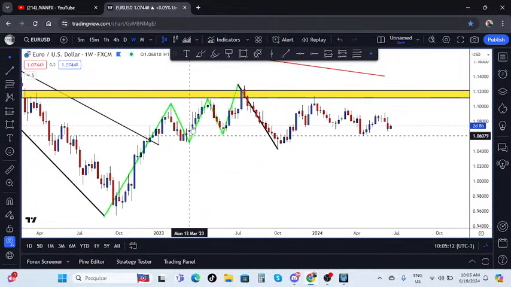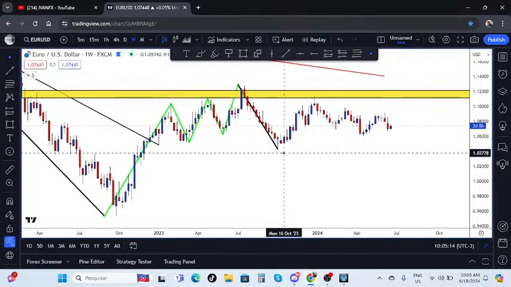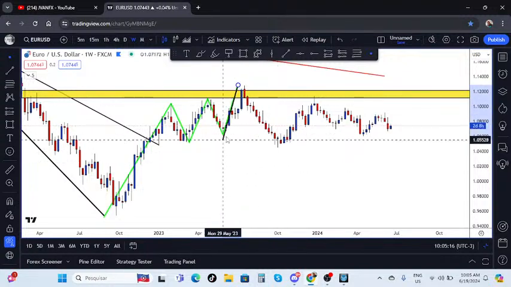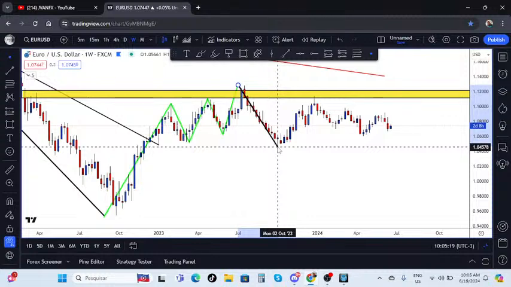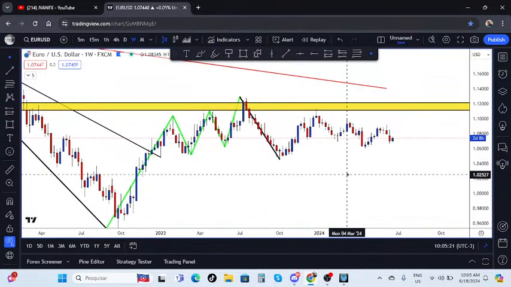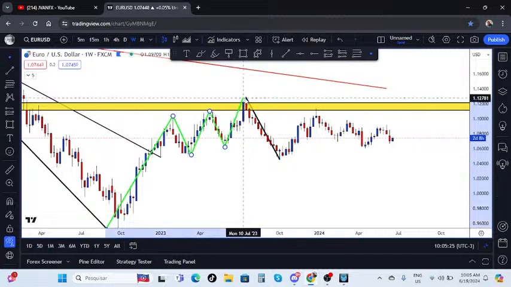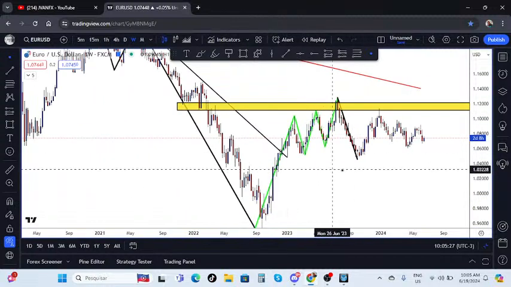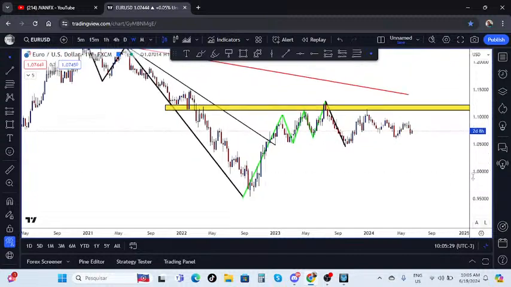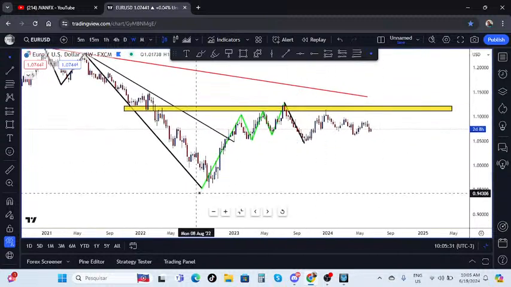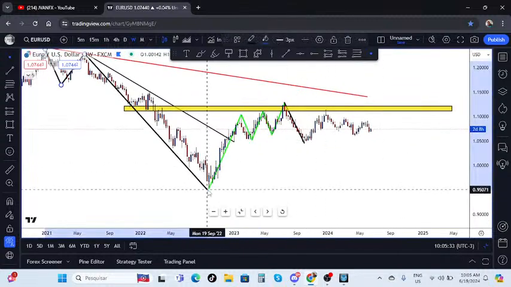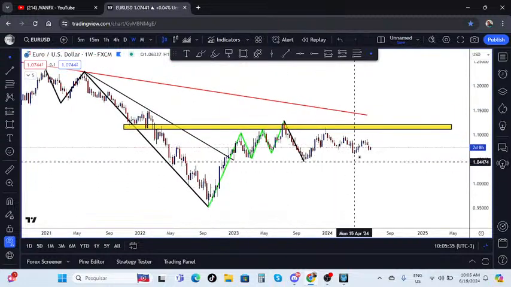The market was making higher highs, higher lows, higher highs, higher lows, higher highs, and now the market made a lower low, right? That is lower than this low. So it means the market has switched from an uptrend to an upcoming downtrend, which is going to happen when the market is ready. We are going to see the massive move to the downside.